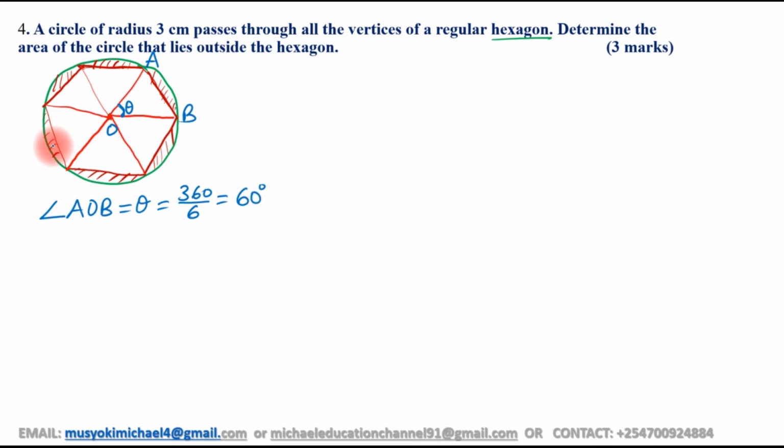Therefore, to get the area outside the hexagon, I have to get the area of the circle, then I get the area of the hexagon, and then I do the subtraction.